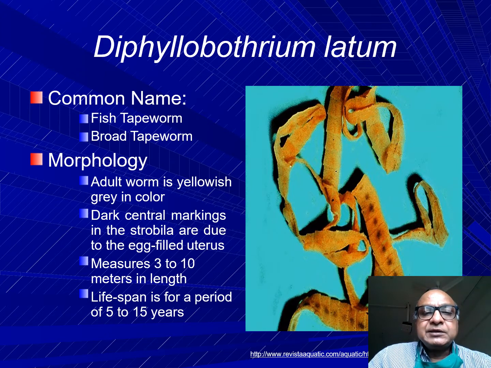It is yellowish in color. The dark central marking in the strobila is due to the egg-filled uterus. It may measure from 3 to 10 meters in length, and the lifespan varies from 5 to 15 years.